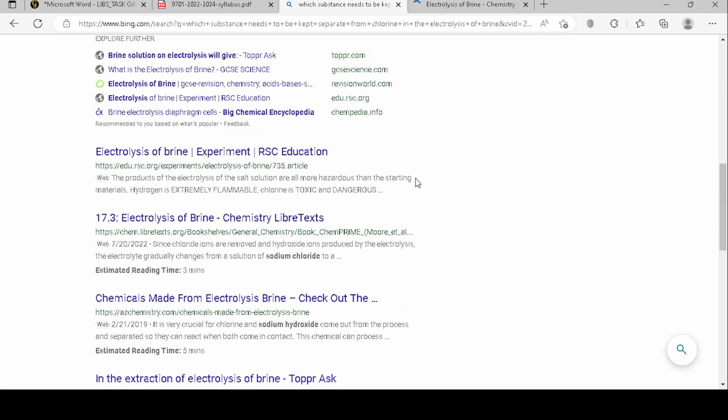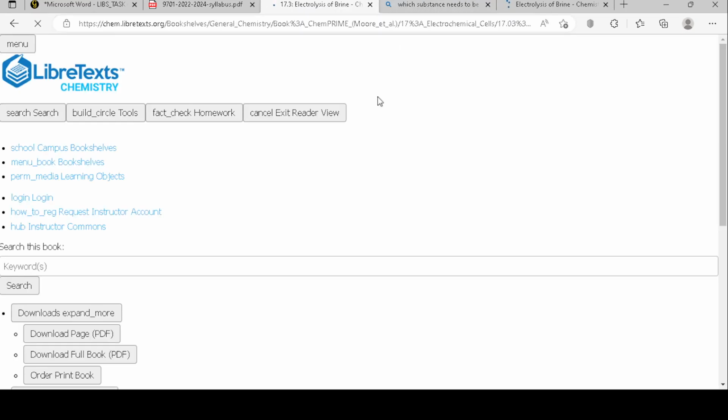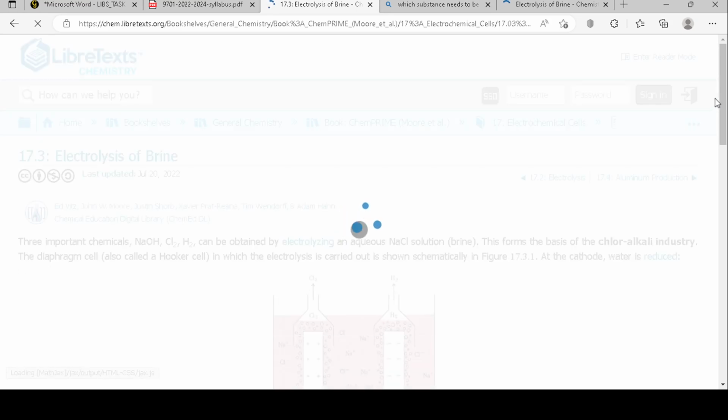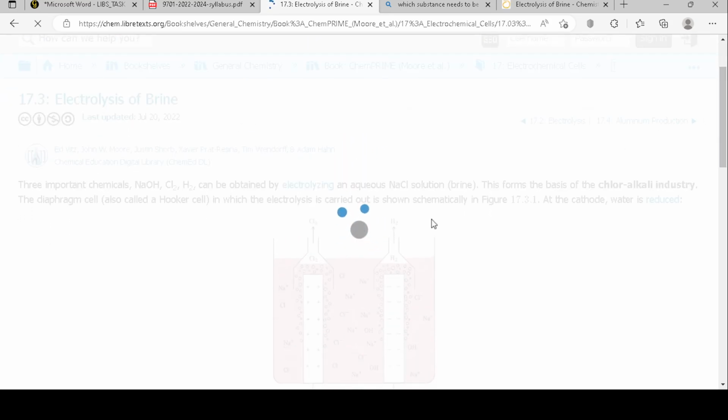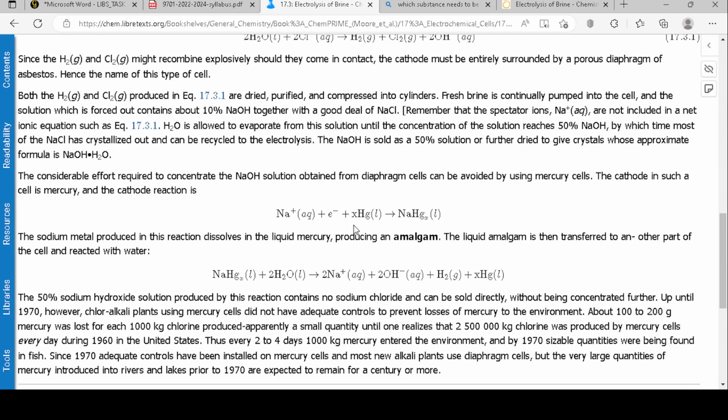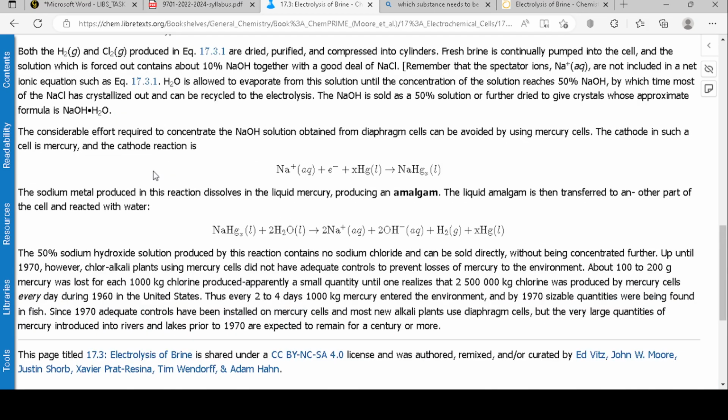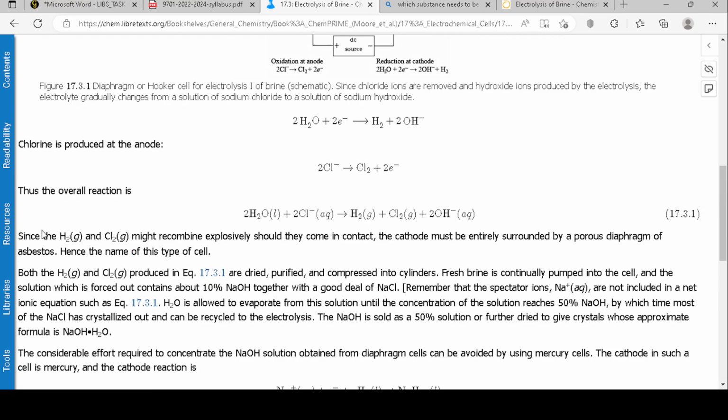But if you look at another website, for example, I think Chem Library is a good one. Wait, let it load. Okay, so over here they mention, see this?